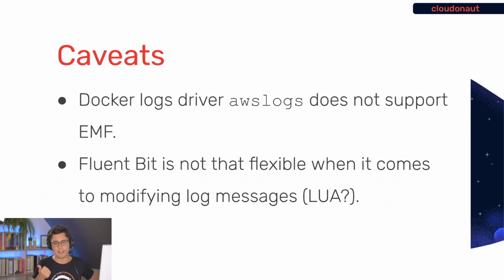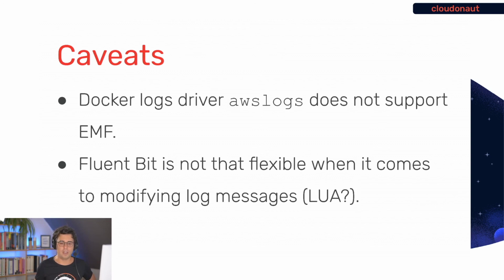One thing that is a pity is Docker comes with built-in log drivers. One of them is awslogs. This is, for example, used when you use ECS to send your log data to CloudWatch immediately. Unfortunately, the built-in log driver, awslogs, does not support EMF out of the box.